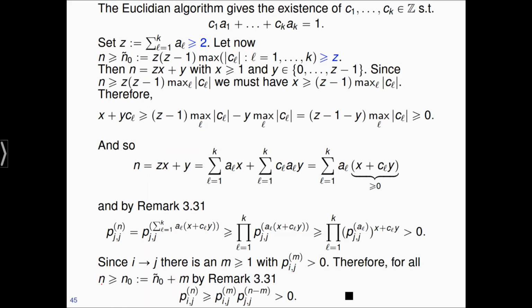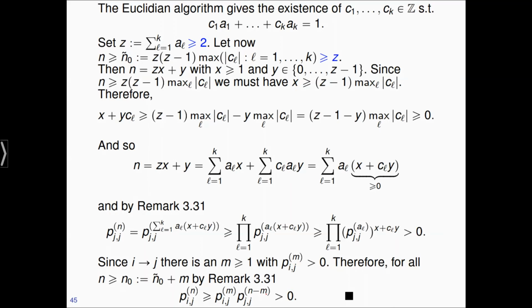Therefore, if we take n greater or equal n0, which is defined by n tilde 0 plus m, then P_ij^n, again using Remark 3.3.1, is greater or equal the probability of first going from i to j in m steps and then going from j to j in n minus m steps.